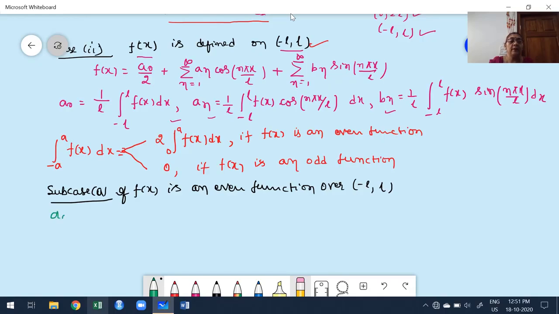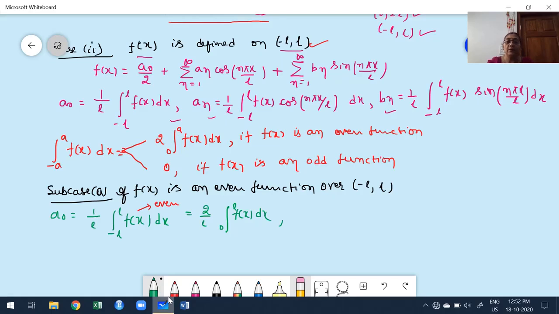What is our A0 formula in the second case? 1 by L, integral from minus L to L of f of x dx. But the function is an even function. From the definite integral property, for an even function f of x from minus a to a, similarly minus L to L can be written as twice, so we get 2 by L, integral from 0 to L of f of x with respect to x.